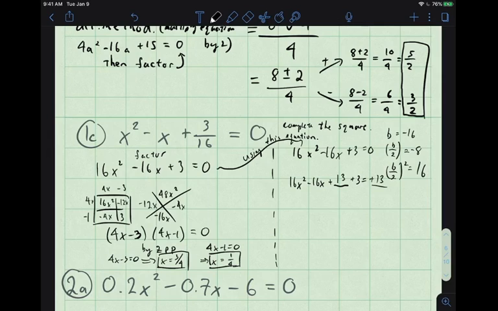So then our whole equation now becomes, let me write it out step by step, 16x squared minus 16x plus 16 equals 13. Factor out the 16 like so. We see that we have the perfect square in there. 16x minus 1 squared equals 13.